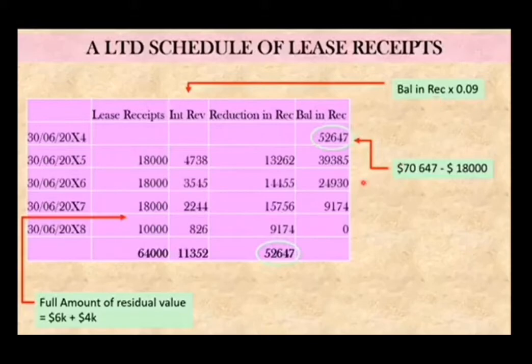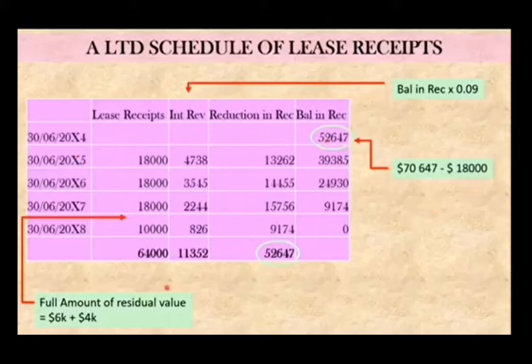For 52,647, we subtract this amount, 70,000, by 18,000, the advance payment made on year X4. So we subtract this and we get this figure.